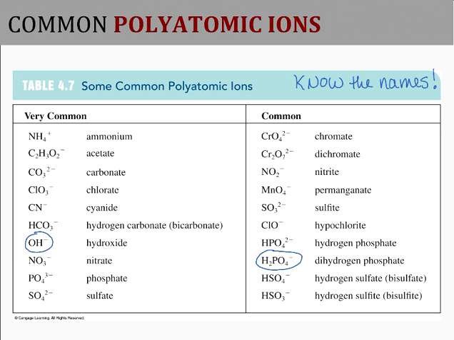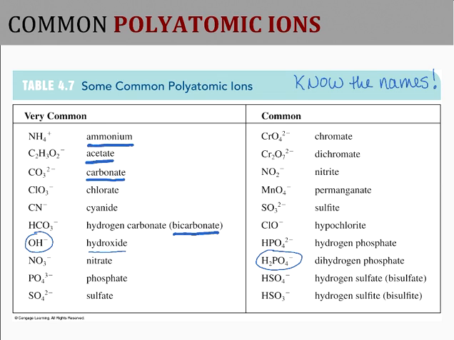All right, so a few of the polyatomic ions that come up quite a bit are, for instance, ammonium, acetate, carbonate, and bicarbonate, which is a really important polyatomic ion. That's what helps regulate how acidic or basic our blood is, and we'll talk about acids and bases later on.